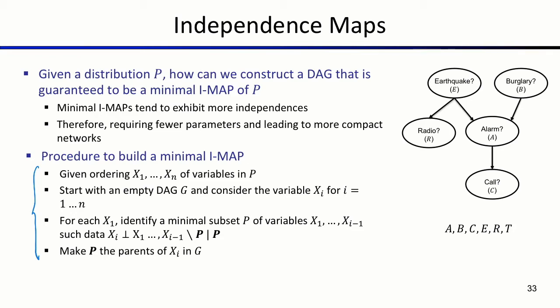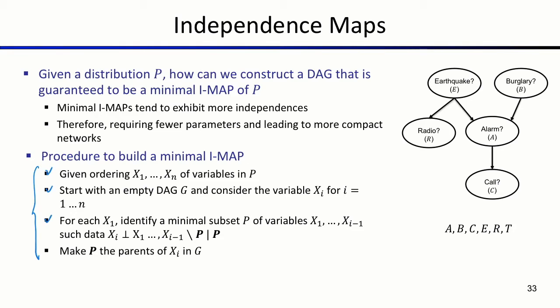So you take the variables that are in the probability distribution, x1, x2, x3 until xn. So we assume that we have n variables, and we'll take them in a specific order. We can choose the order, and we see that different orders, unfortunately, will lead to different graphs too. The second step is to start with an empty DAG and consider a variable xi in the order.